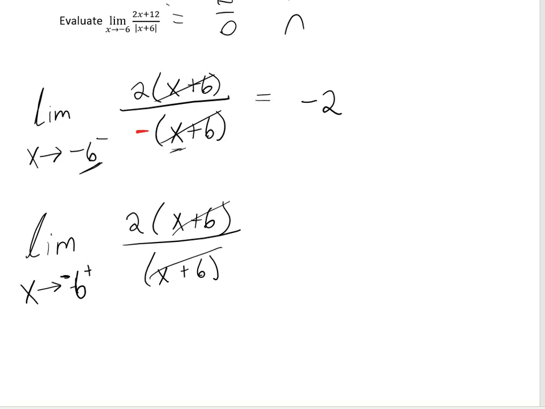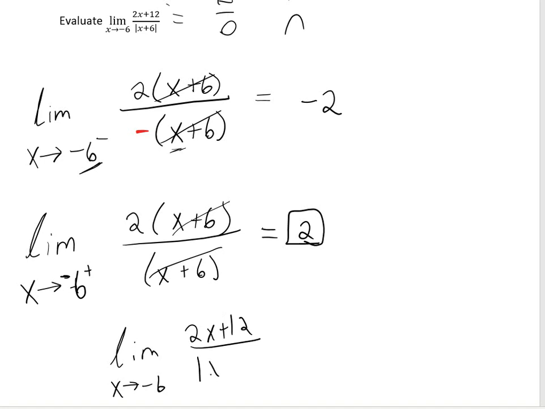So if I cancel these out, I'm going to get positive 2. So if I try to evaluate the limit of this function as x approaches negative 6, 2x plus 12 divided by the absolute value of x plus 6, one side equals negative 2, the other side equals 2, and since a limit exists only if the left and right sides agree, this limit would not exist.